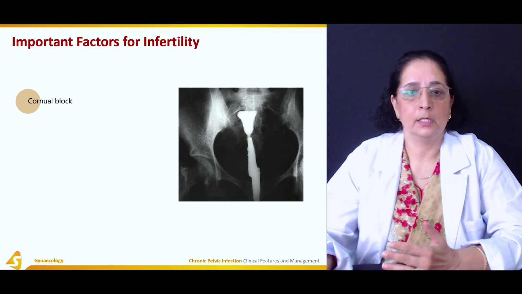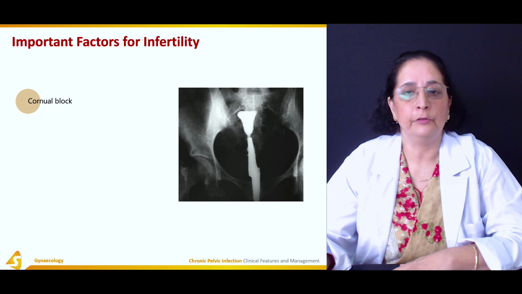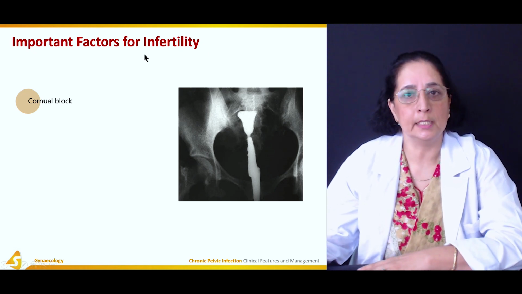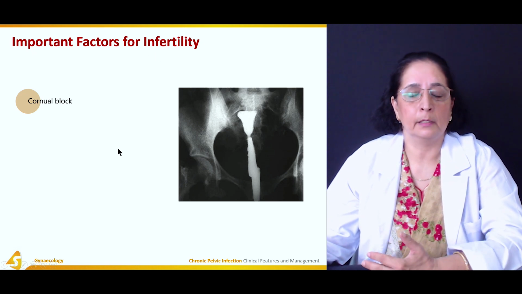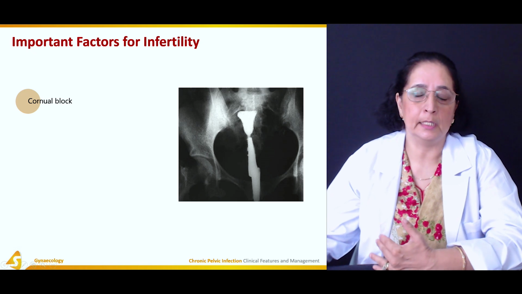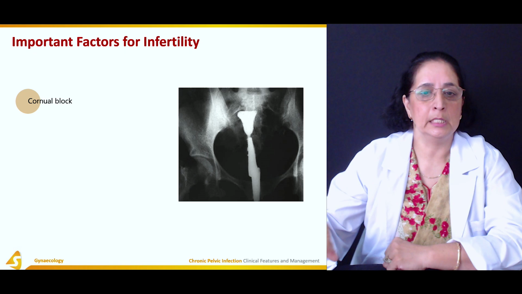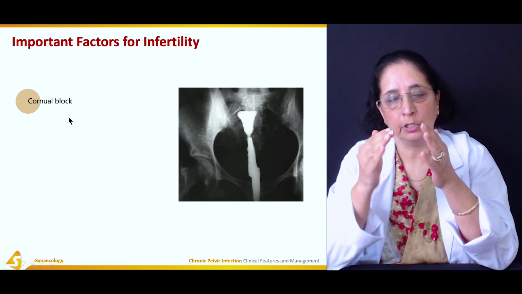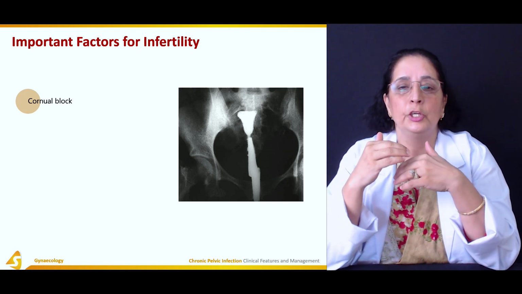Next up, what are some common factors that lead to infertility? Infertility is inability to conceive. One factor as a result of chronic pelvic infection is the cornual block. Cornua is the portion where the fallopian tubes attach to the uterus.